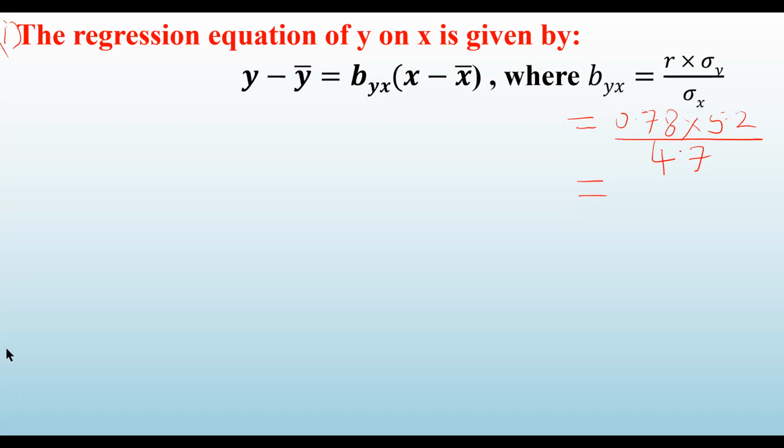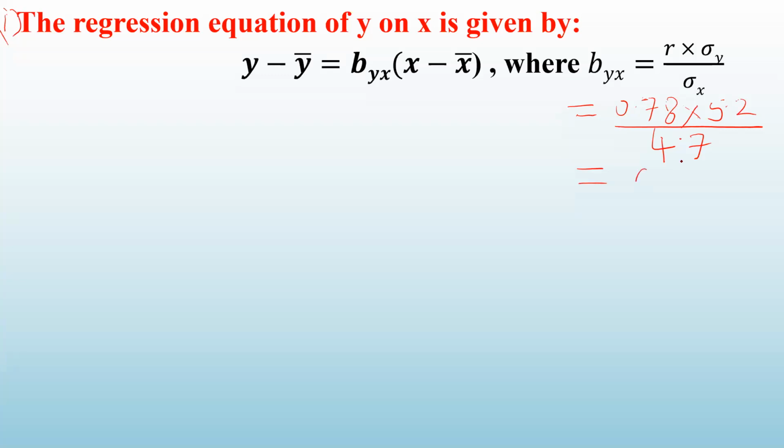See what I've got? 0.862. I have to take up to 2 decimal places. So I will take 0.86. So Byx we have calculated. It is 0.86. Once you have calculated the value of Byx, put this value here.